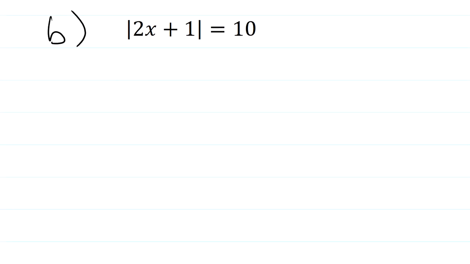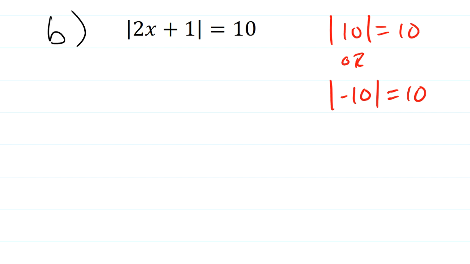The next one, B. So here's my thinking for this. The thing inside of the absolute value is either going to equal a positive 10, or the thing inside the absolute value has to be a negative 10. The reason is the absolute value of positive 10 is 10, and the absolute value of negative 10 is 10.